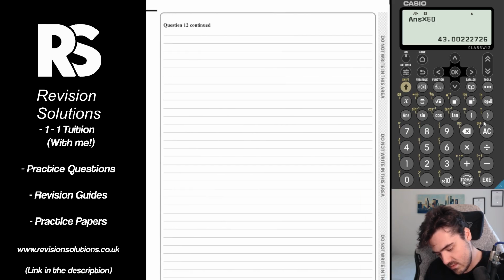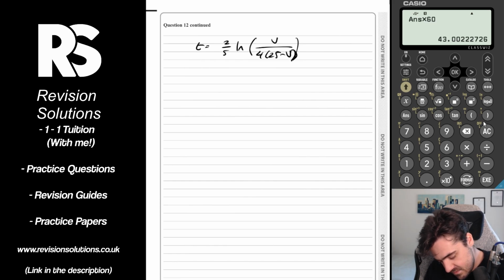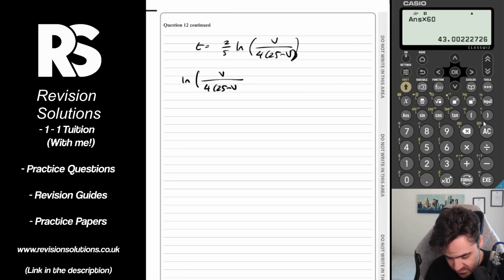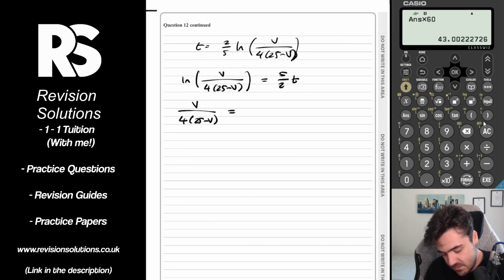Then we'd have the natural log of v over 25 minus v would equal 5 over 2t. Then we can exponentiate. So v over 25 minus v is equal to e to the 5 over 2t.